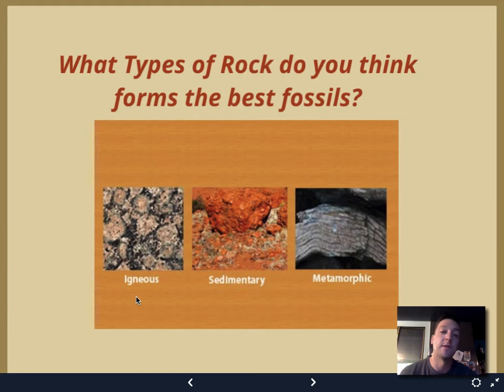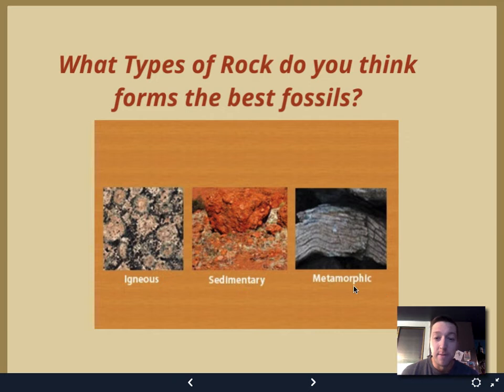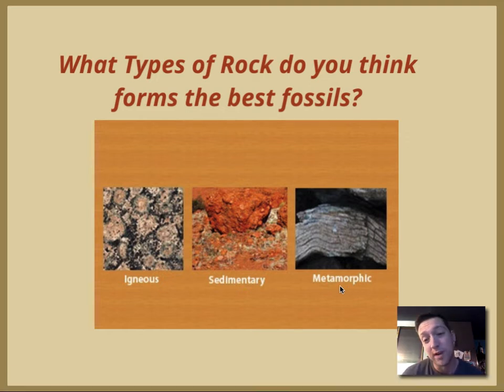Let's use process of elimination. We know that igneous forms from cooled magma, so I don't see how a fossil would form in there. If there's a dinosaur bone, let's say, in lava or magma, it's just going to melt. For metamorphic, there's too much heat and pressure, which can destroy fossils.